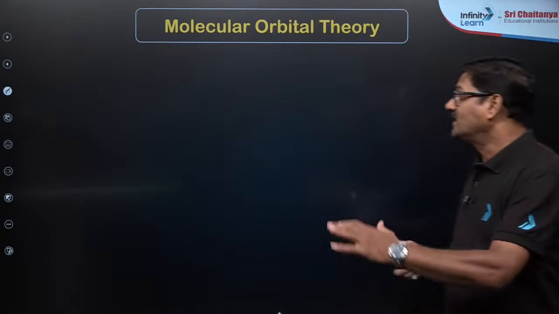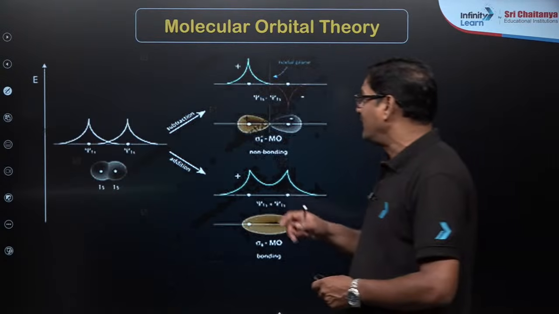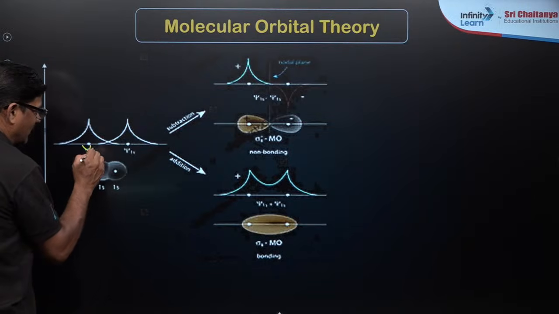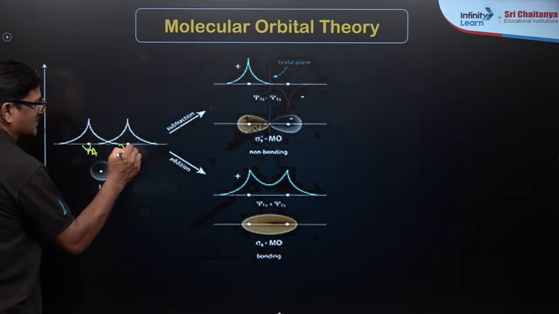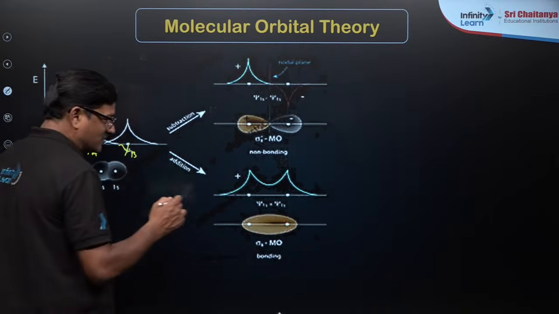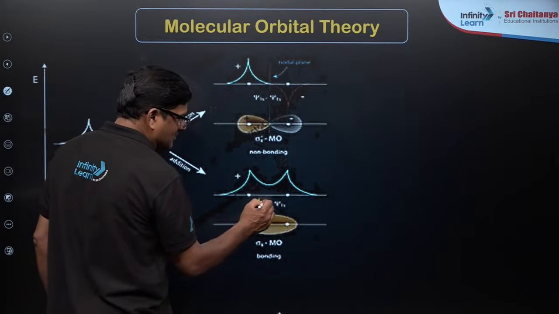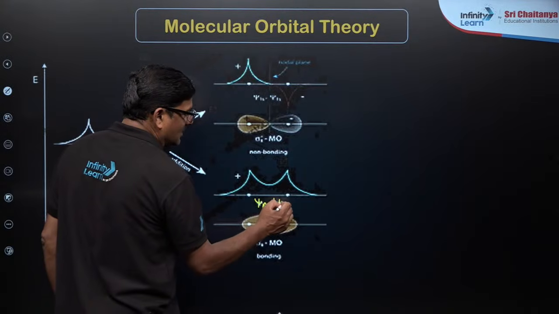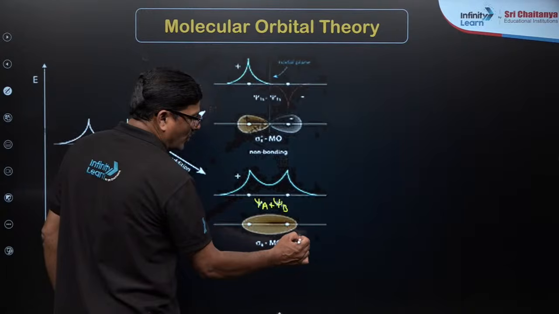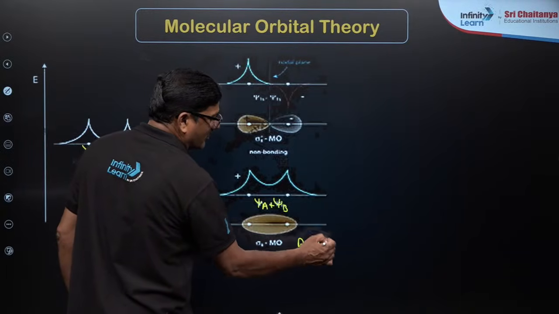So in the diagram I just want to say, when the waves are combining, this is psi A and this is psi B combining. They can combine with constructive interference, that is psi A plus psi B, with a low energy. It gives rise to the bonding molecular orbital.